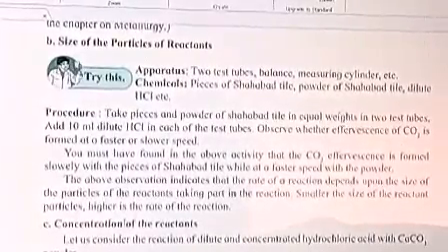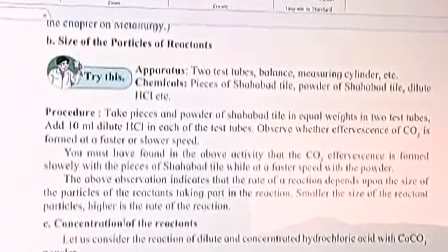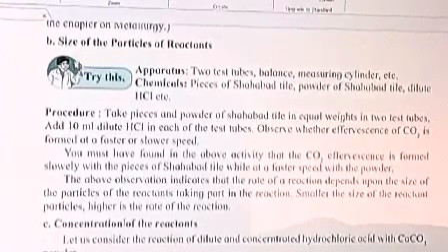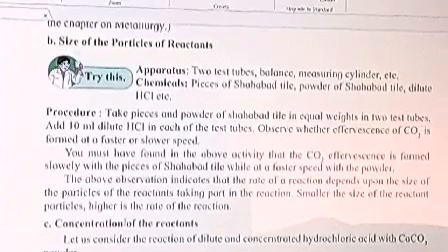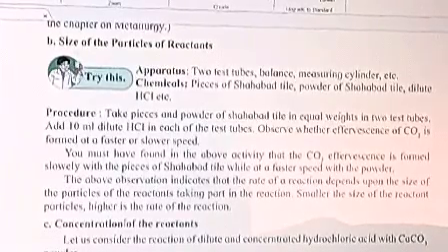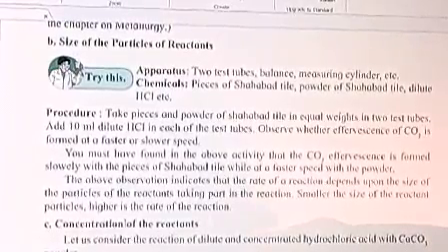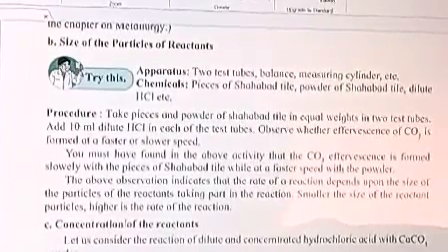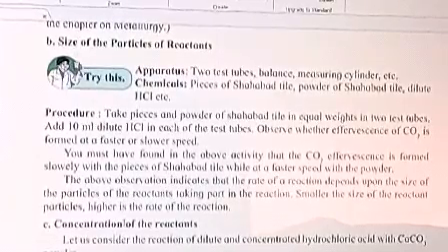The next factor affecting the rate of chemical reaction is size of the particle of reactants. Take two test tubes, add 10 ml of dilute hydrochloric acid in each of these test tubes. In first test tube, add some powdered marble and observe the rate of reaction.